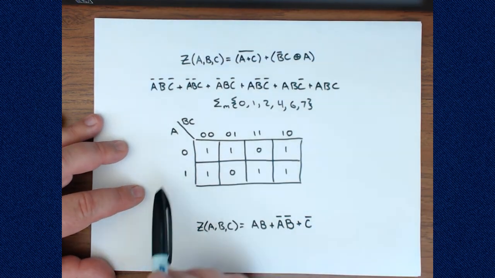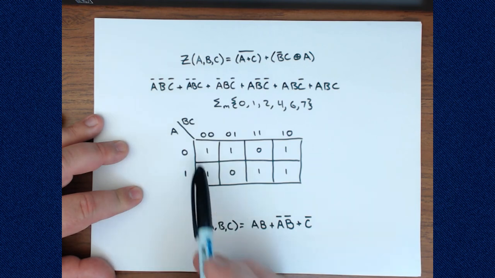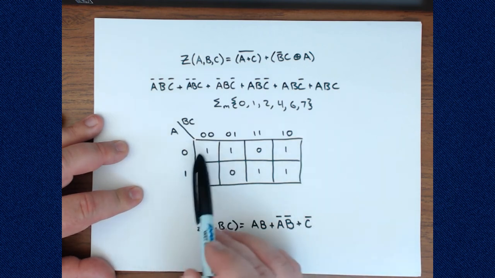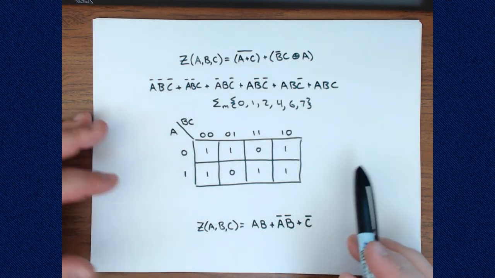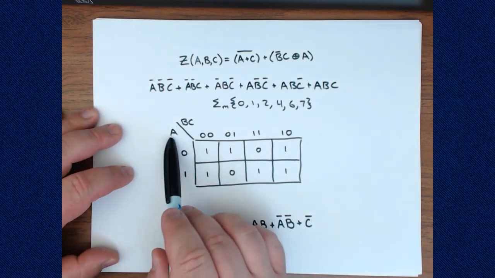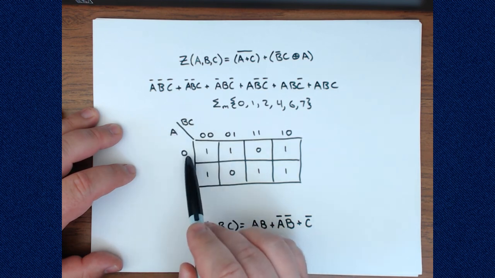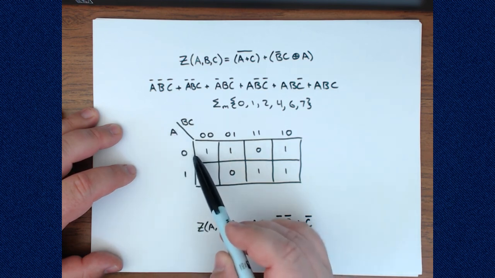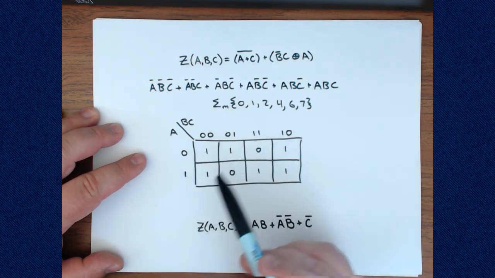So what I've done here, since this is a 3-input function, is I've drawn out a 3-input Karnaugh map. I've labeled one dimension A, the other dimension is B and C. I've labeled it intuitively here, 0, then 1, with the origin kind of in the top left.